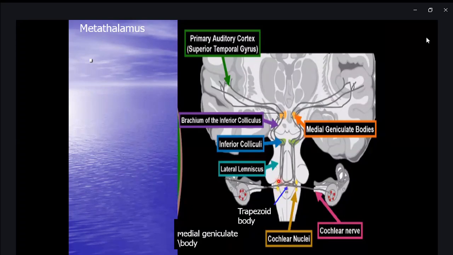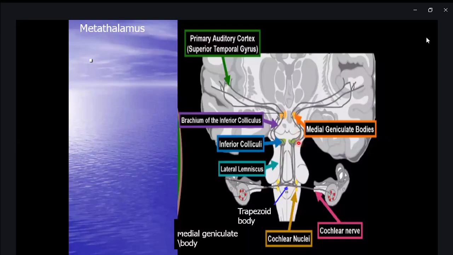And then they ascend as the lateral lemniscus to the thalamus. At the thalamus, the medial geniculate body is now the relay center within the thalamus for hearing.